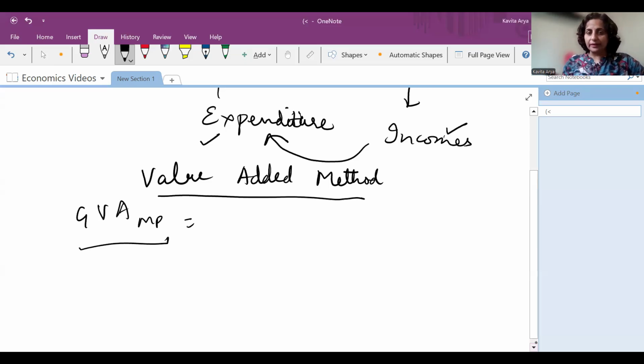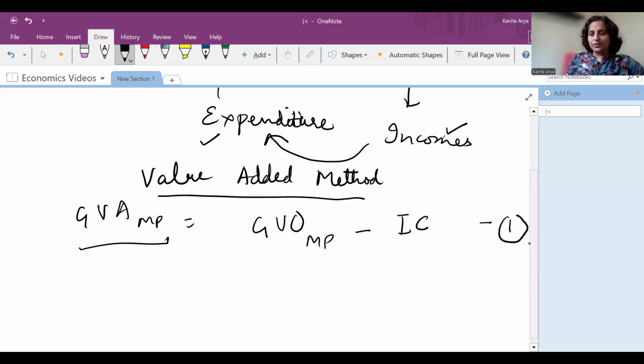And when I say totality, it includes all the sectors, the primary sector, the secondary sector, and the tertiary sector. Wherever the value addition happens, all together it is taken to find the value of GVA. So what is GVA equal to? GVA is equal to GVO at MP minus IC. This is my first step of calculation.